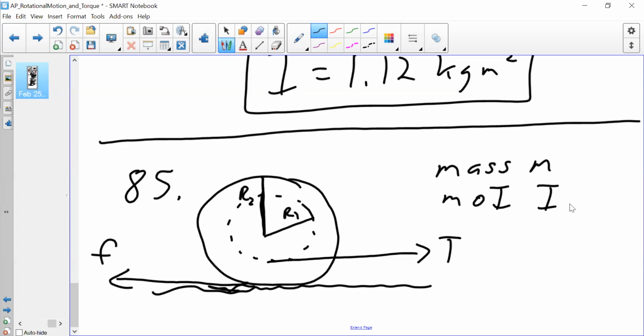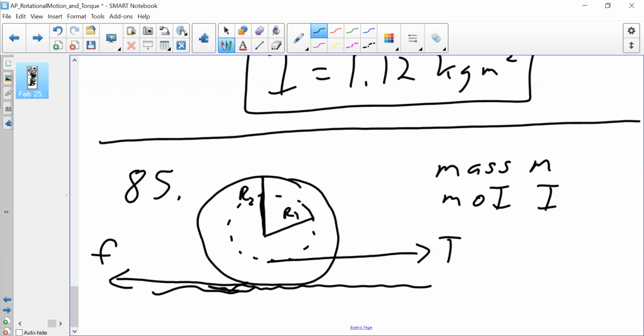Isolating the forces, we see that friction, if left alone, is going to cause the system to rotate counterclockwise, and tension is going to cause the system to rotate in a clockwise fashion.